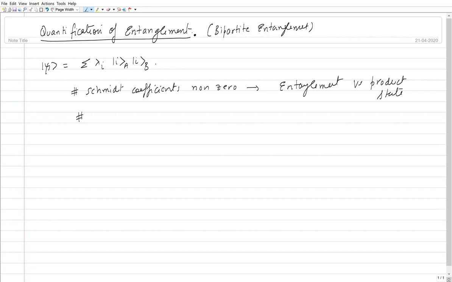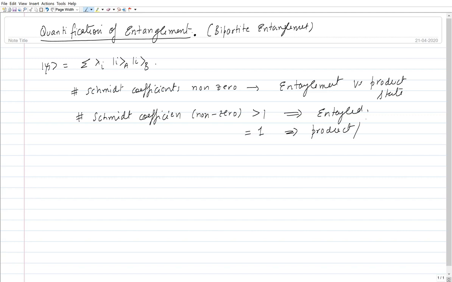So if the number of non-zero Schmidt coefficients is greater than 1, this implies the state is entangled, and if it equals 1, this implies it's a product state or an unentangled state.